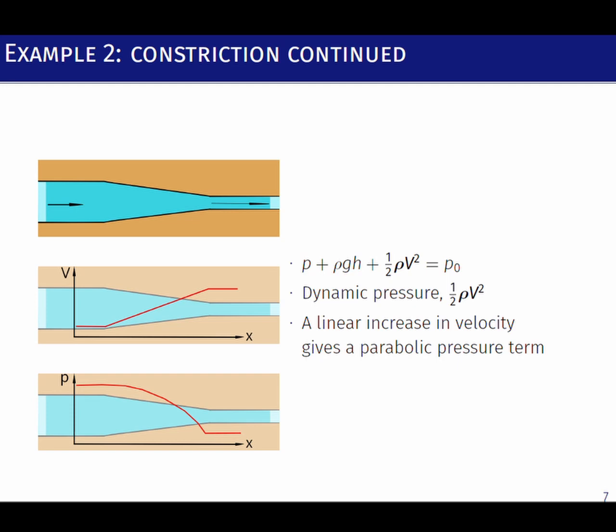And if the dynamic pressure is increasing according to the square of the velocity, the static pressure, P, has to decrease according to the dynamic pressure term as well. As you can see in the graph, the velocity has a linear increase and the pressure has a parabolic decrease, and that's simply to balance Bernoulli's equation and make sure that it remains valid.